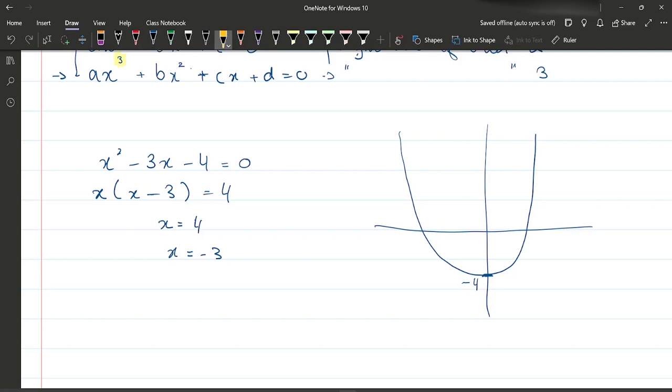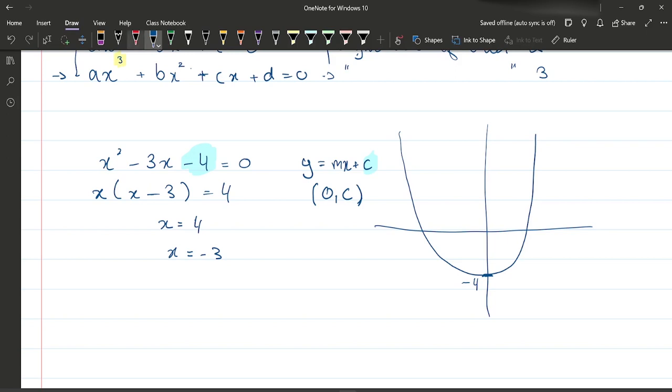This term is usually your y-intercept, even in your equation of a straight line, y equals mx plus c. This is your y-intercept. Okay, so your c is basically your y value while your x is equals to 0.